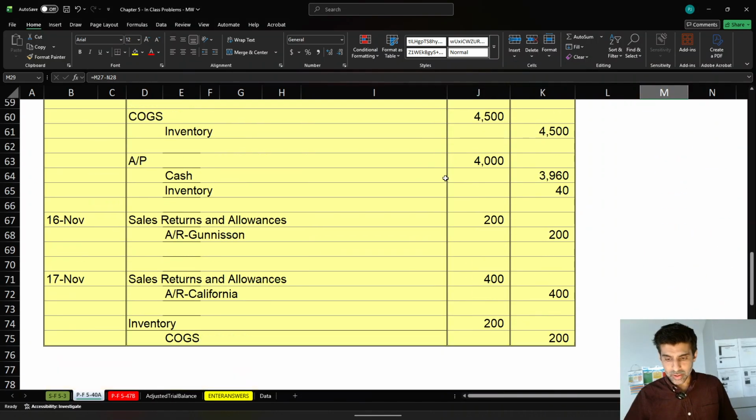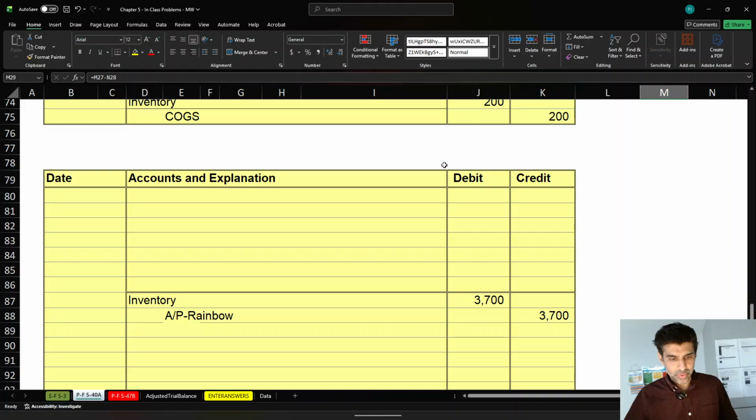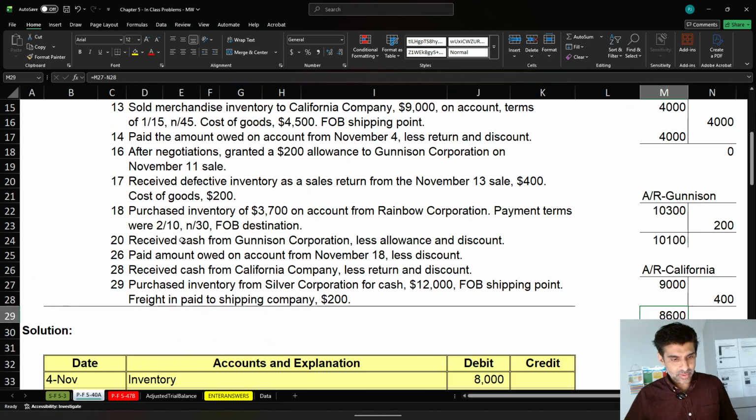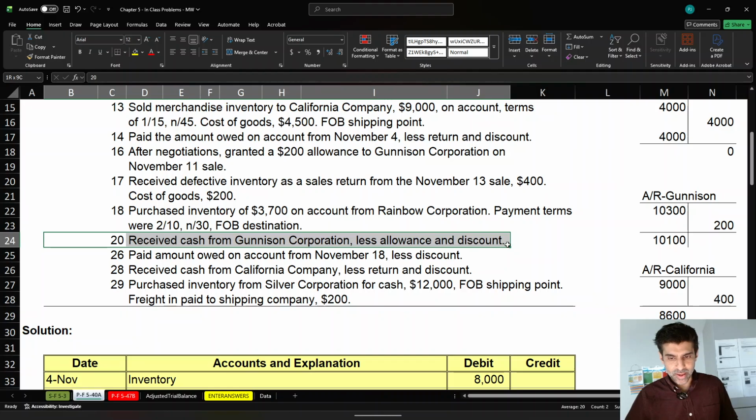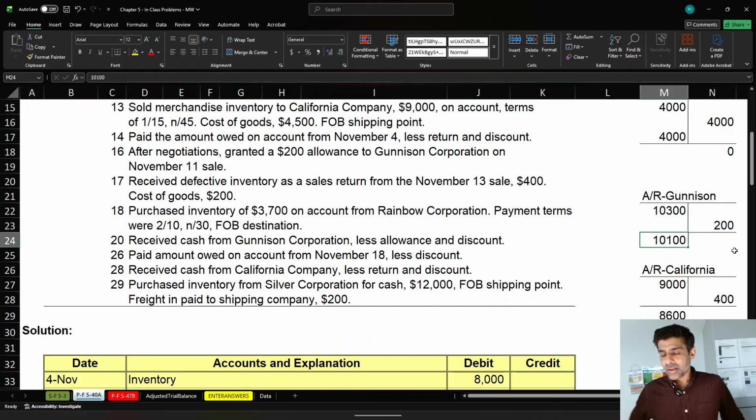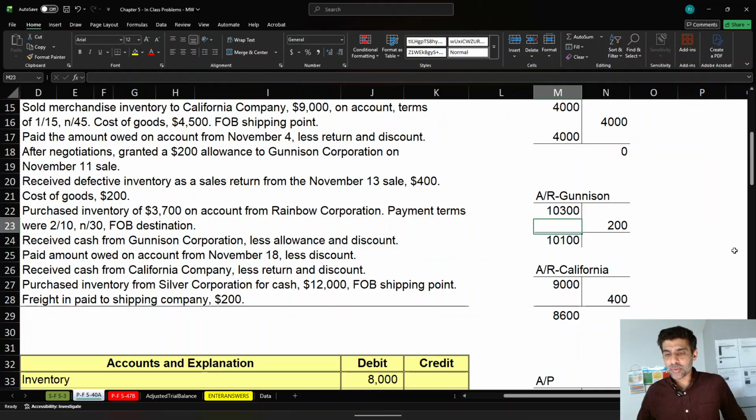Okay, so where were we? This 20th. Okay, so received cash from Gunnison Corporation, less allowance and discount. So I have the accounts receivable balance for Gunnison here. And this is net of the allowance, right? We had a $200 allowance.